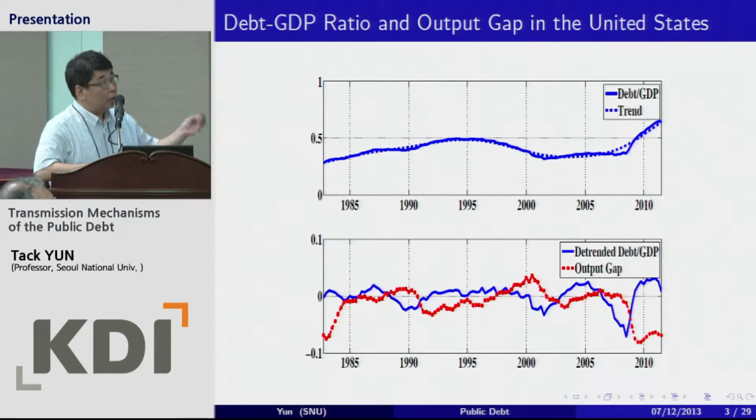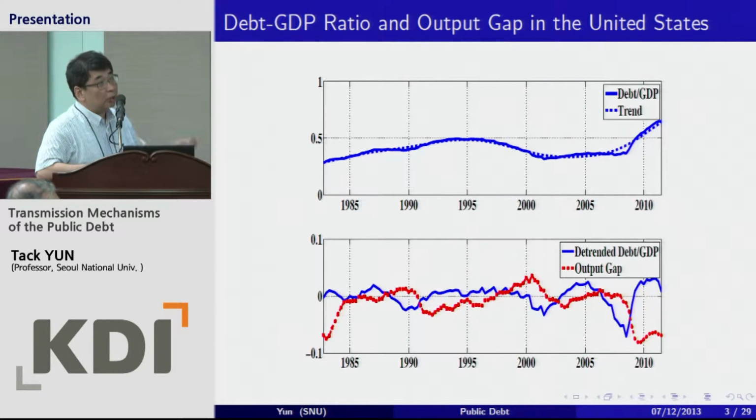And I also plot the output gap in the same plot. The output gap here is defined as the difference of the log GDP and the log potential GDP. Potential GDP is downloaded from the CBO website. And as you look at the graph, you can see the negative relation between the detrended ratio of the debt to GDP and the output gap.